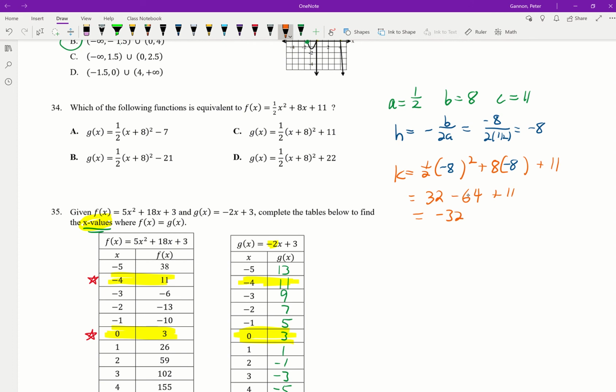So you get negative 32 plus 11, which is negative 21. So now, if you were writing your own equation, a is 1/2, it's x minus h, so that's going to become plus 8, and then plus k would be negative 21. Looking at the answer choices, B is the one that matches.